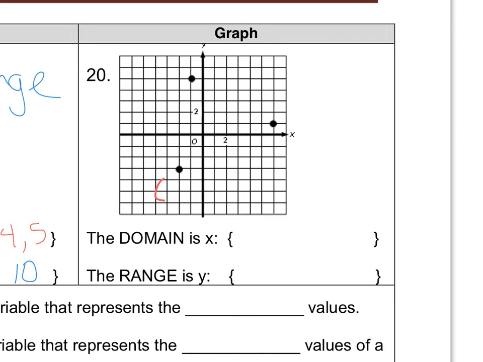I'll go -2 over, and 1, 2, 3, -3 down. So that's -2, -3. So up here, I'm going to write the first one, -2, -3.